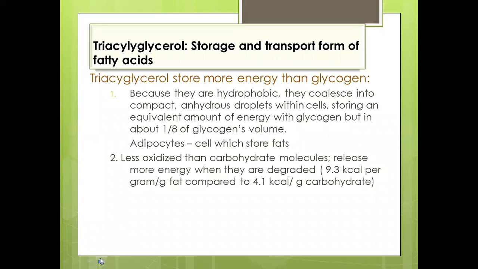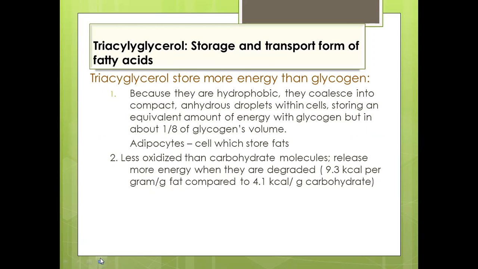For instance, the energy release is 9.3 kilocalories per gram of fat compared to 4.1 kilocalories per gram of carbohydrate. So again, your source of energy can be your carbohydrates, or your source of energy can also be your lipids. Whichever you eat, you can gain a lot of energy, but you just have to be careful if you are calorie conscious.